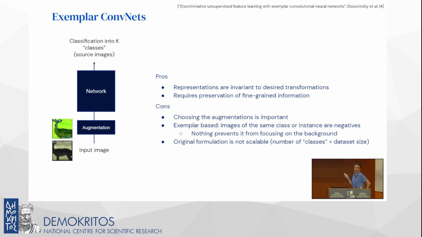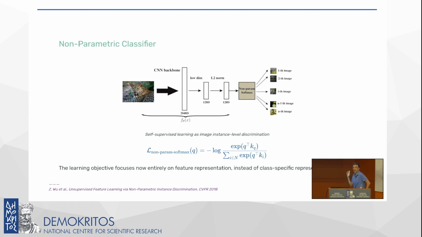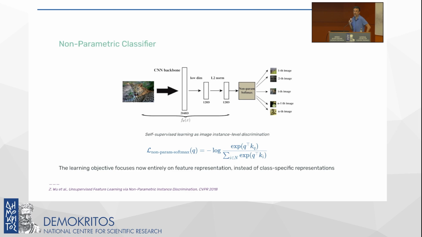Of course, there is a practical problem in this case, which is the following. This classification problem is a very large-scale one in the sense that you have many classes, as many as the number of training samples. So let's say you have ImageNet, which has 1 million images. You're going to have 1 million classes. So this is not very practical to solve.